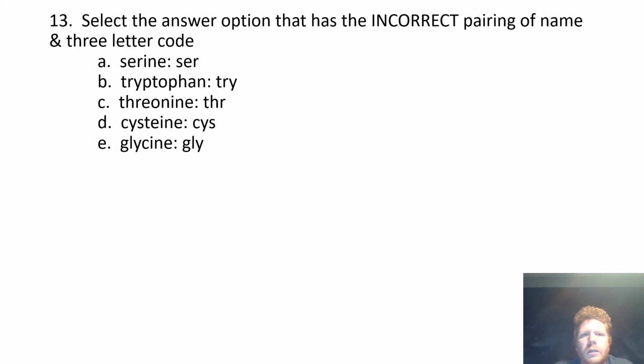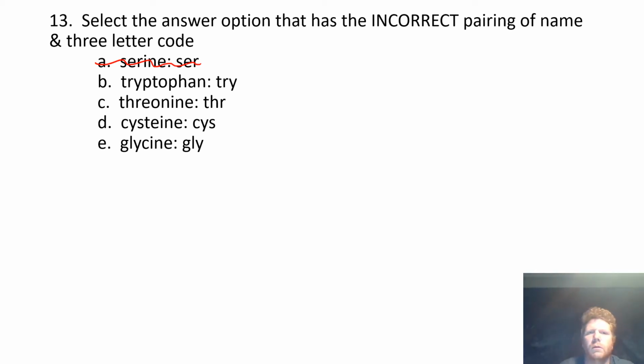Question number 13. Select the answer that has the incorrect pairing of name and three-letter code. This is a discrete question. What's the three-letter code for a given amino acid? So we've got name and our three-letter code. You have a total of 20 amino acids that you have to know. Many of them are quite simple because it's the first three letters, but it's not always the case. Serine, SER, that is one case, where SER are the first three letters.